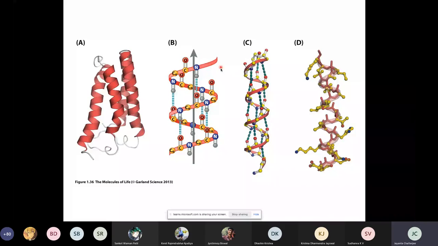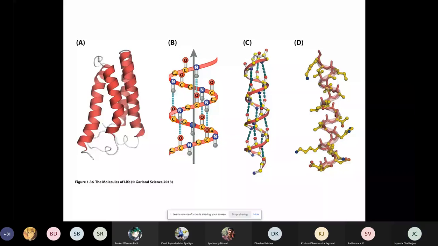Now what does that term 3-10 mean? If you consider an alpha helix, alpha helices will be called something else. Let's count the number of atoms present in a single turn of an alpha helix, including the hydrogen bond donor hydrogens and so on.